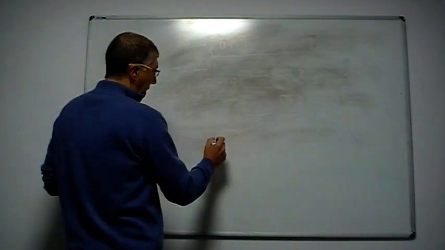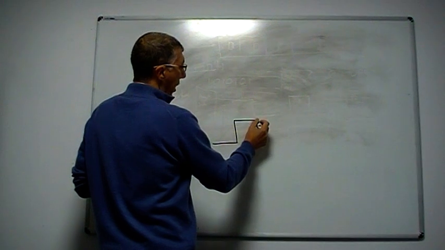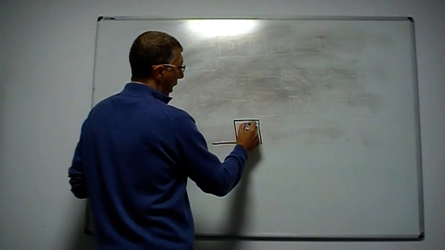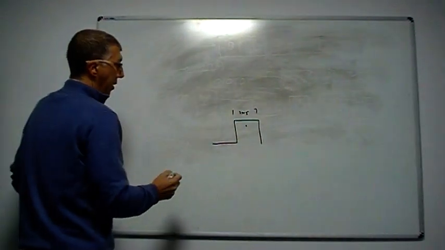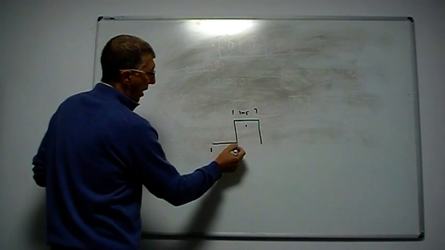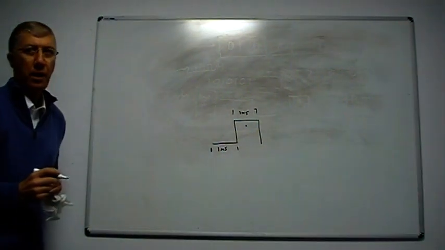Our big customer says that he wants us to have the high pulse for the one to be 1 millisecond. That means that the low pulse, the other part of this period, is also 1 millisecond.